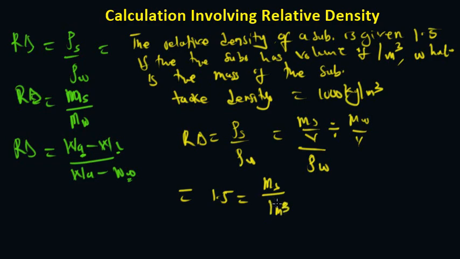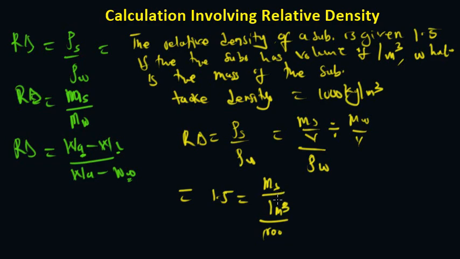All divided by the density of water, which is 1000. So how do we get our ms, the mass of substance?